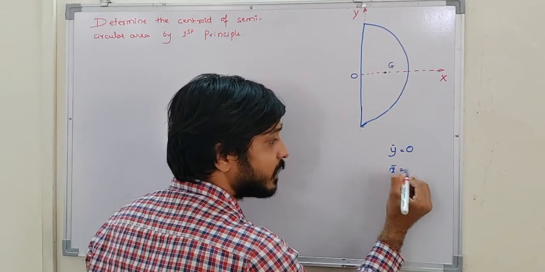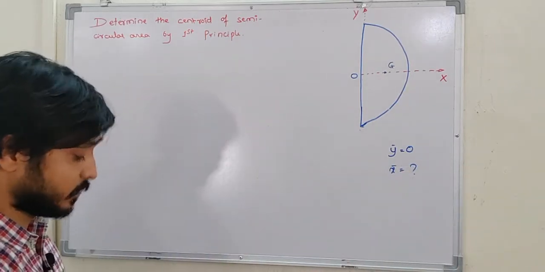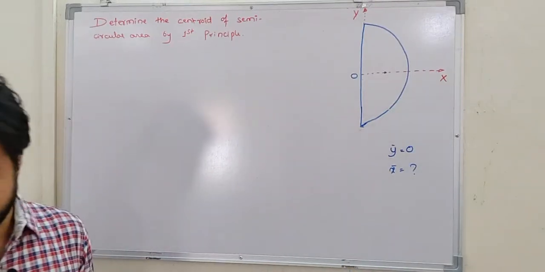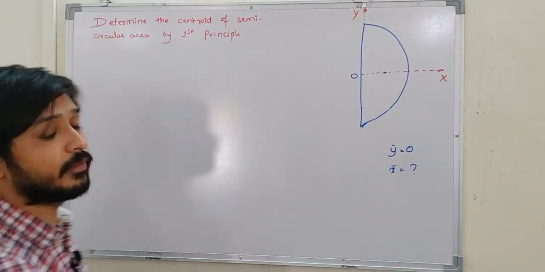We need to find out X bar, correct? Now, as we do in first principles in all the problems, we take a small strip.